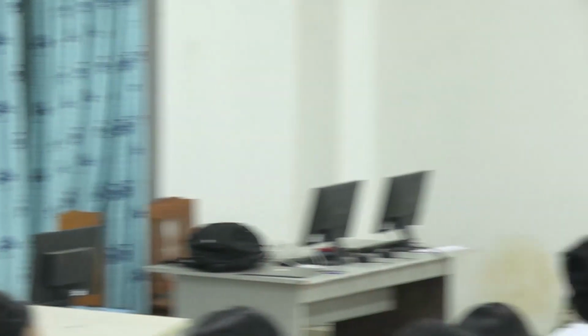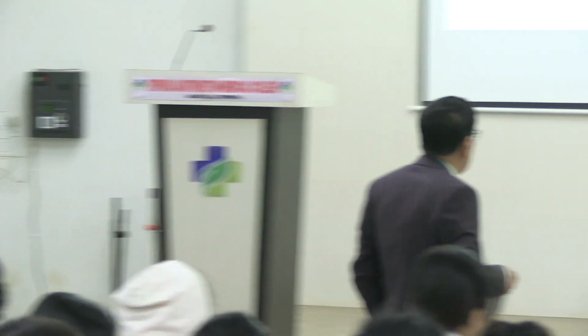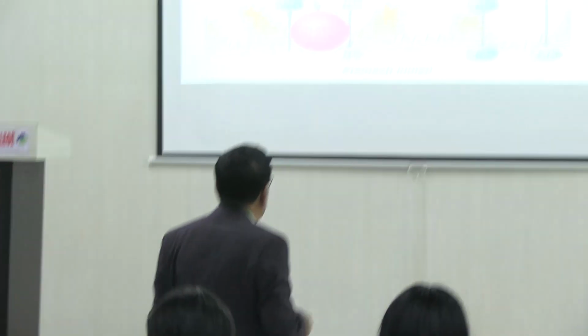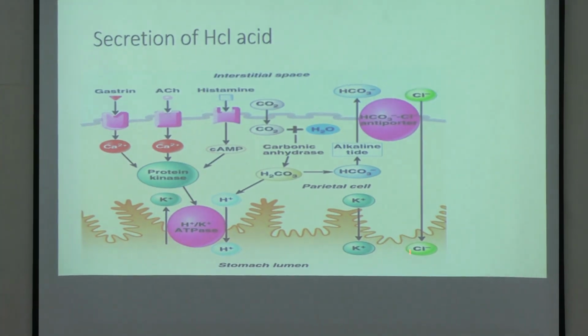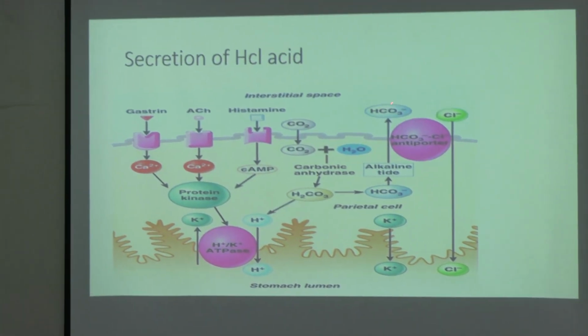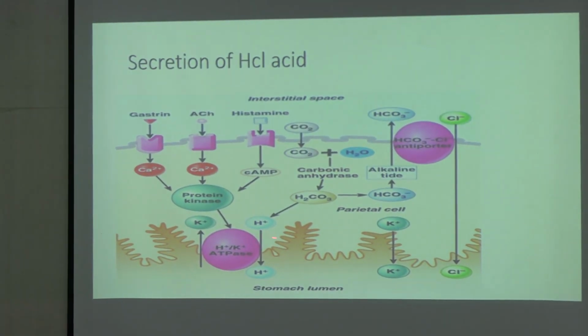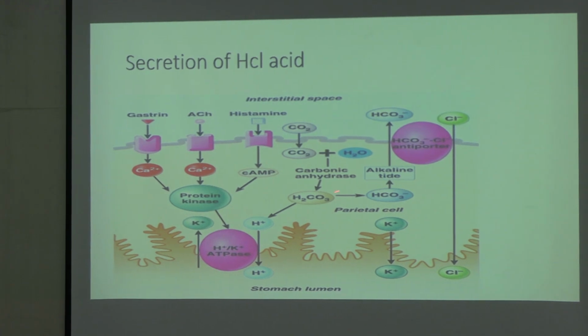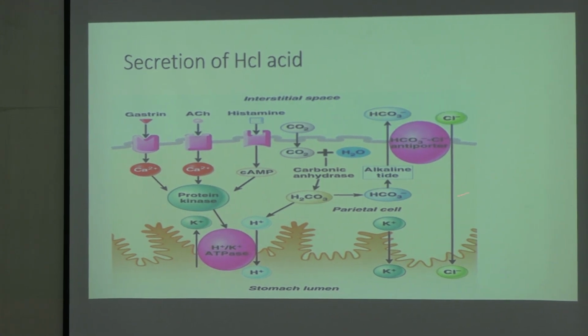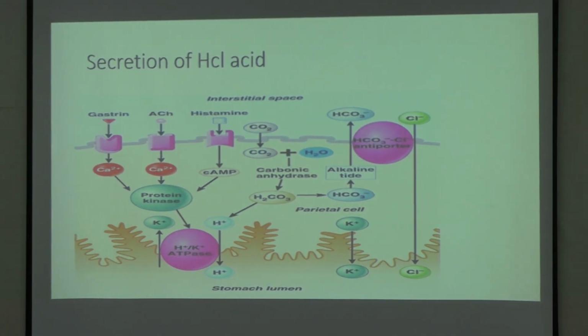So it is shown here how it is secreted. Chloride and bicarbonate exchange between them. Alright, this is the pump. Hydrogen potassium is the pump. Hydrochloric acid and chloride is coming through the exchanger. This bicarbonate after food is going to your intestinal lumen.